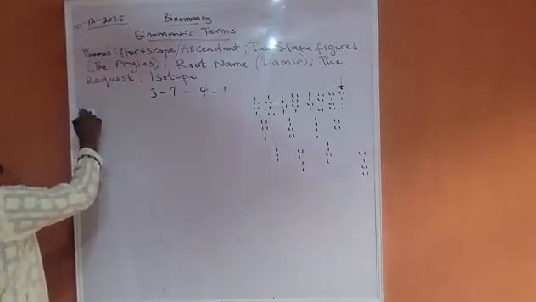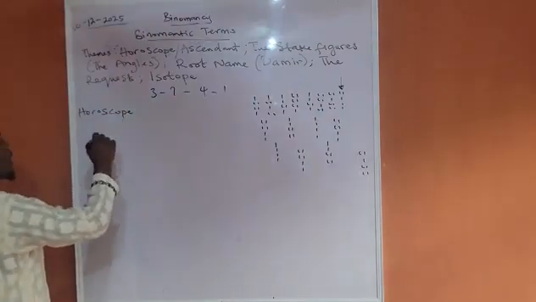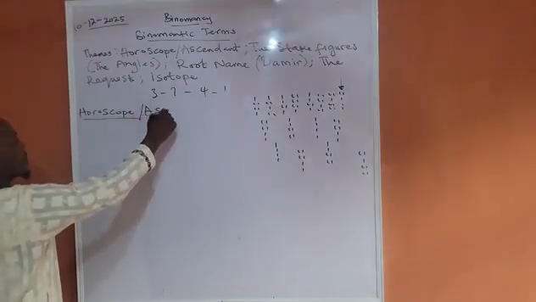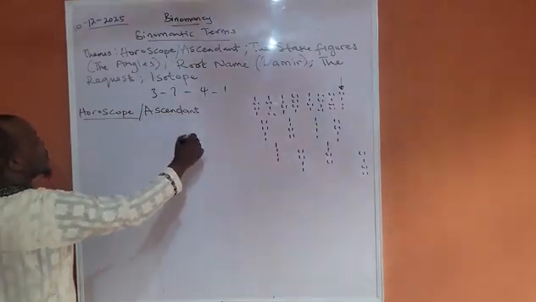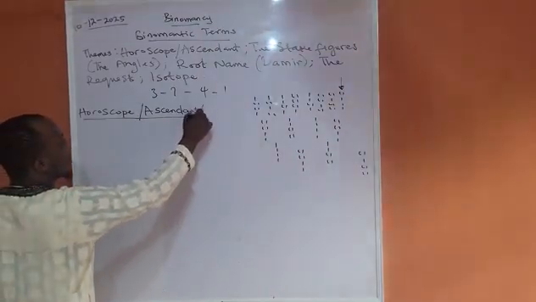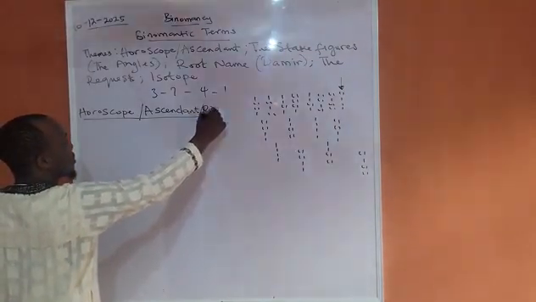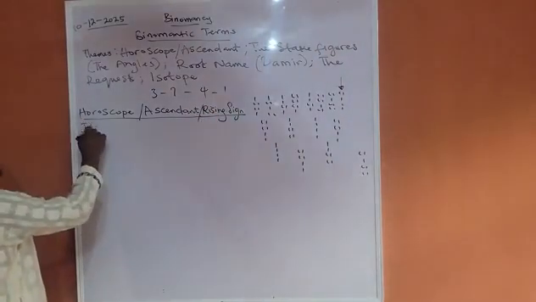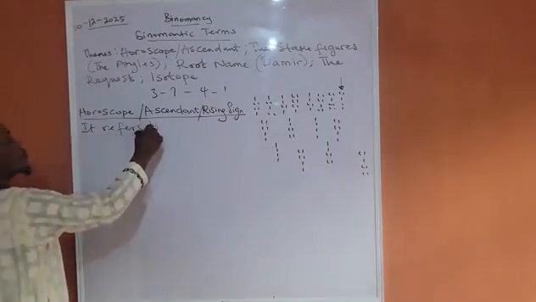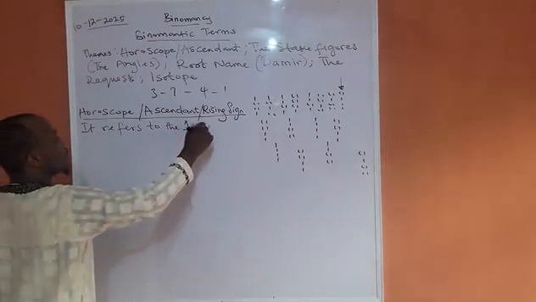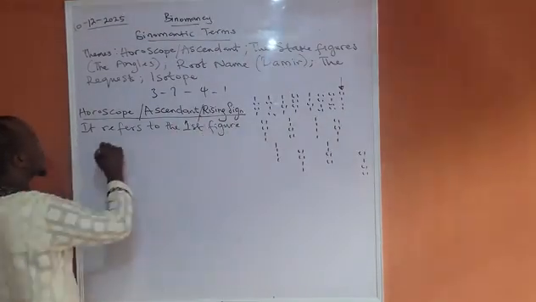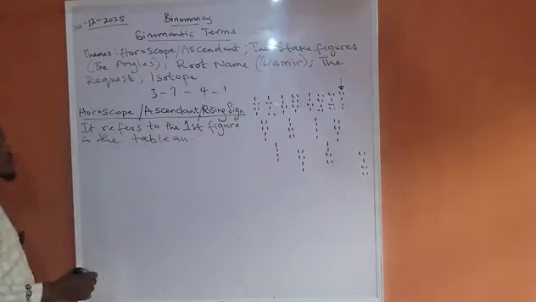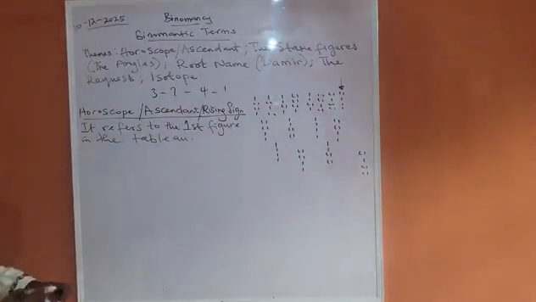So when we say horoscope, it has other names, like ascendant, like the rising sign. So it refers to the first figure in the table. The first figure of the table is what we call the horoscope.